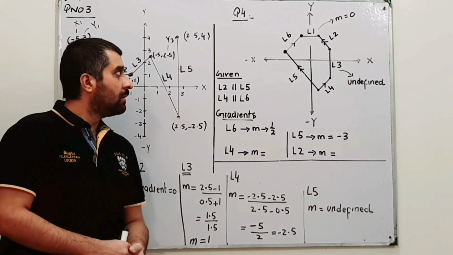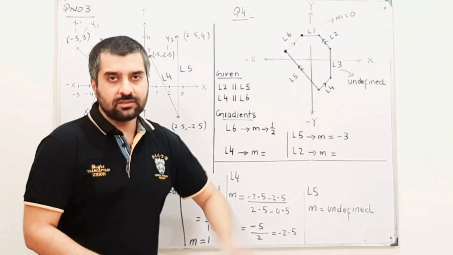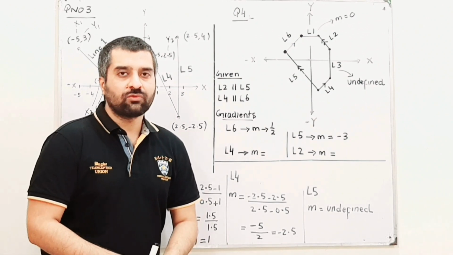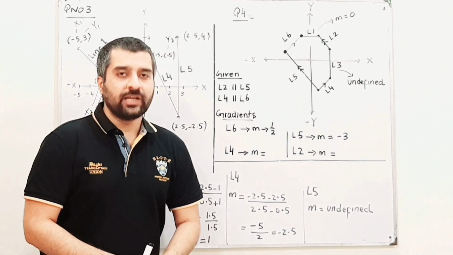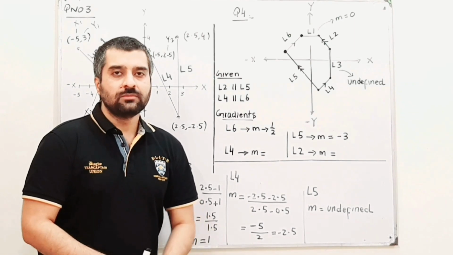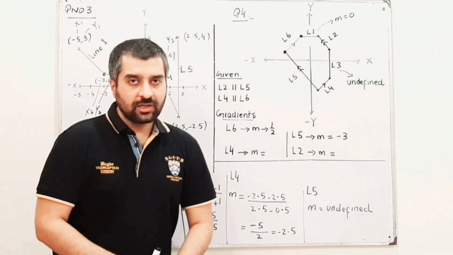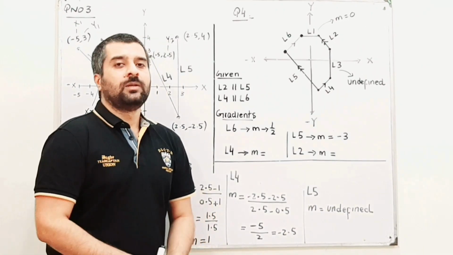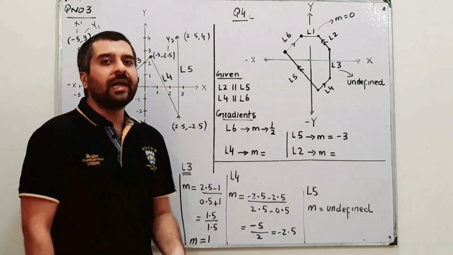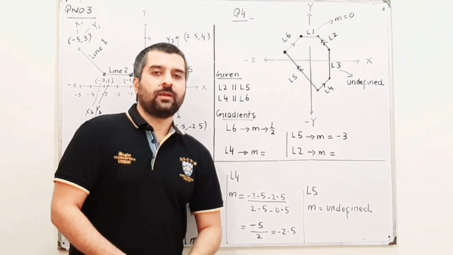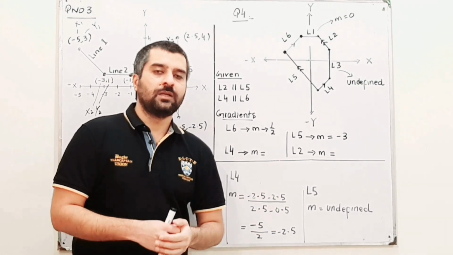Question number 4. We have been provided with these lines L1, L2, L3, L4 and L5, which symbolize line 1, line 2, line 3, line 4, line 5. We are also given that L2 is parallel to L5. If two lines are parallel, their gradients are the same.